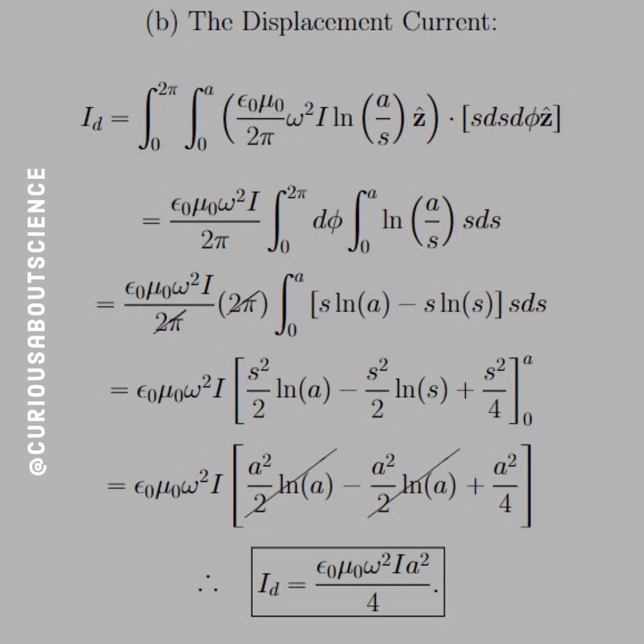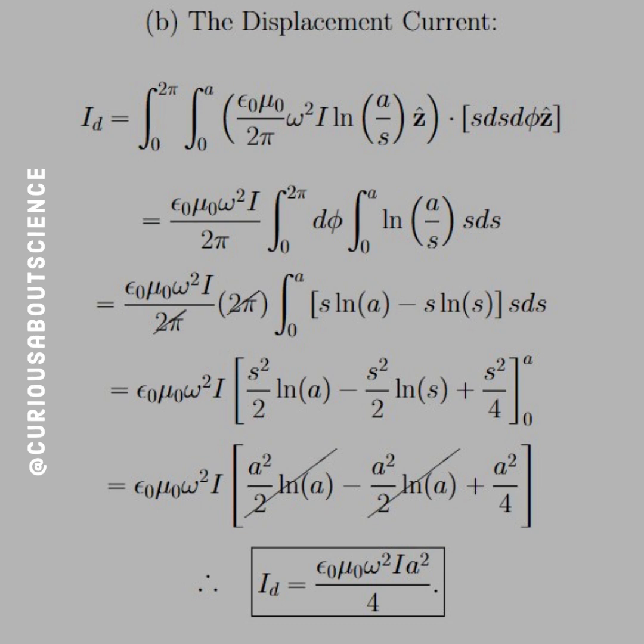We'll have to use the rules of logs to split up that ln of a over s as ln of a minus ln of s, multiply the s from the differential into both of those, and that's what we see in the next step. Note that the factors of 2 pi cancel conveniently, and then we just take the integral, again using integration by parts on that second part. That's why we have a plus, minus, plus in the square brackets.